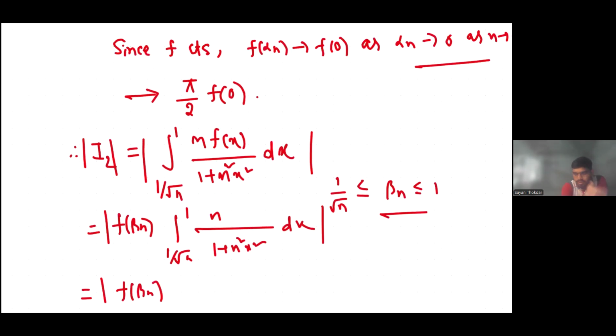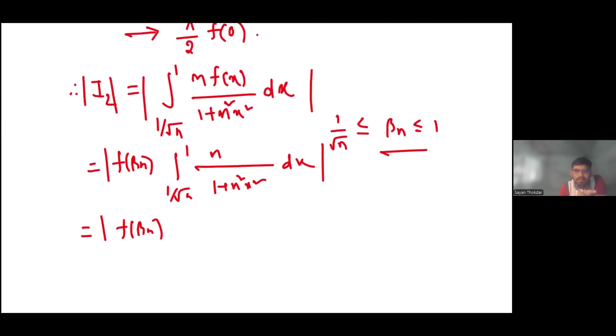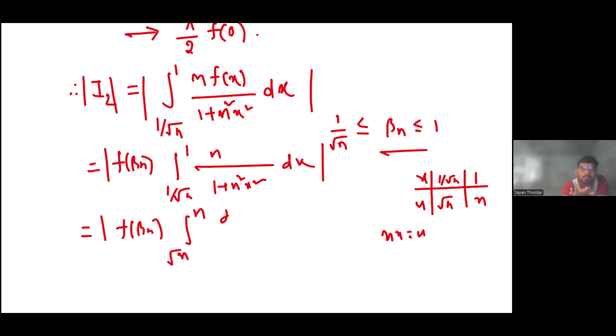For the x limit, it is square root of 1 by n to 1, and with nx equal to u, the limit is square root of n to n. So that integral becomes the integral from square root of n to n of du upon 1 plus u square. Now we'll just solve it.